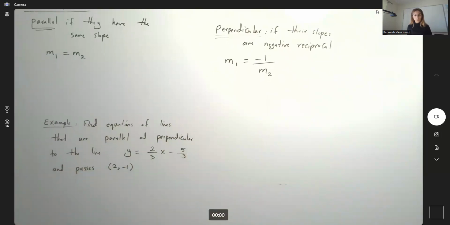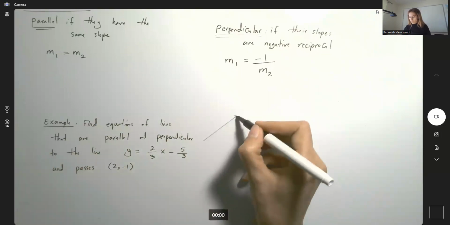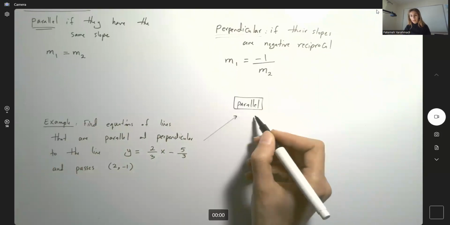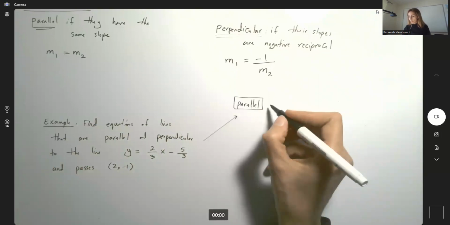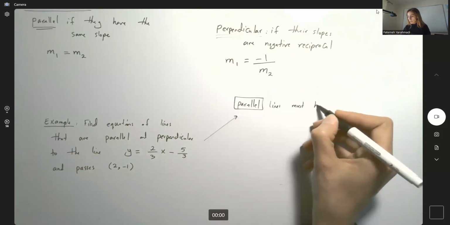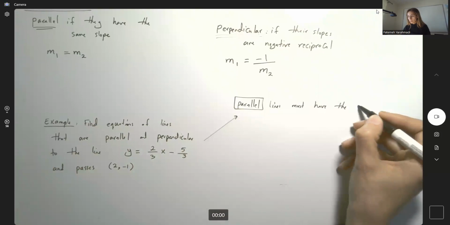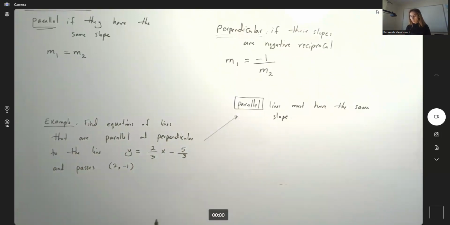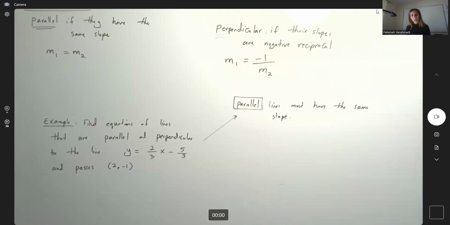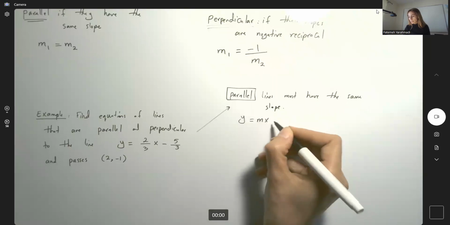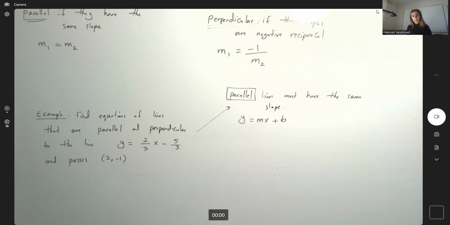When we are talking about parallel lines, let me just write the parallel one here. For parallel lines, by definition, lines must have the same slope. The equation of a line in general is written as y equals mx plus b.